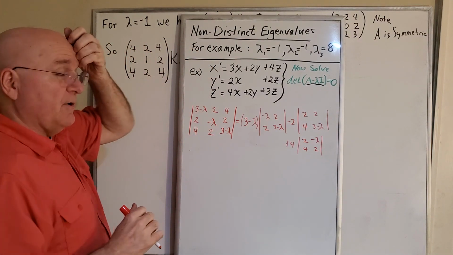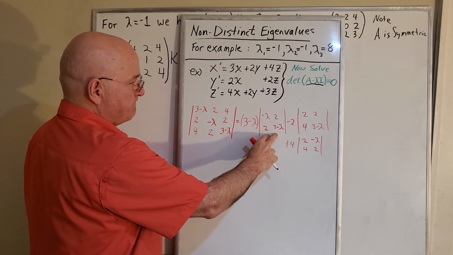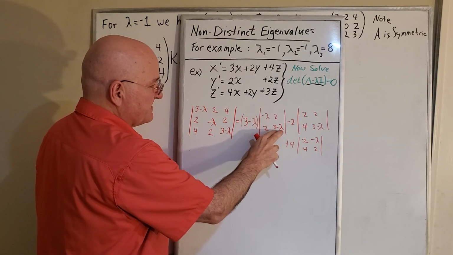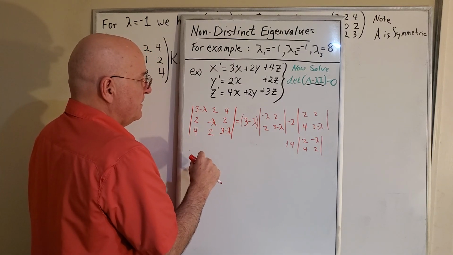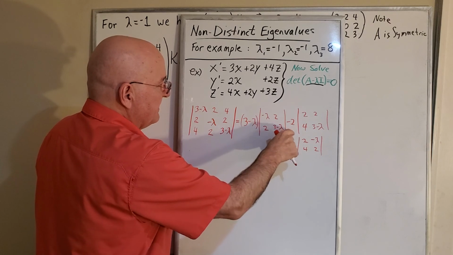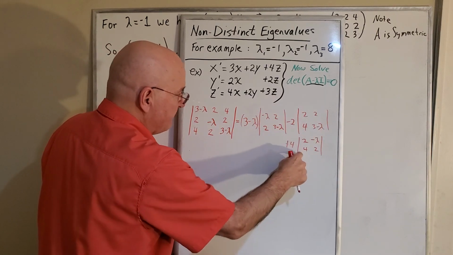Just as a reminder, for any 2 by 2 determinant, you take negative lambda times 3 minus lambda minus 2 times 2 or 4. Then minus 2 times this product minus that product, plus 4 times this product minus that product.